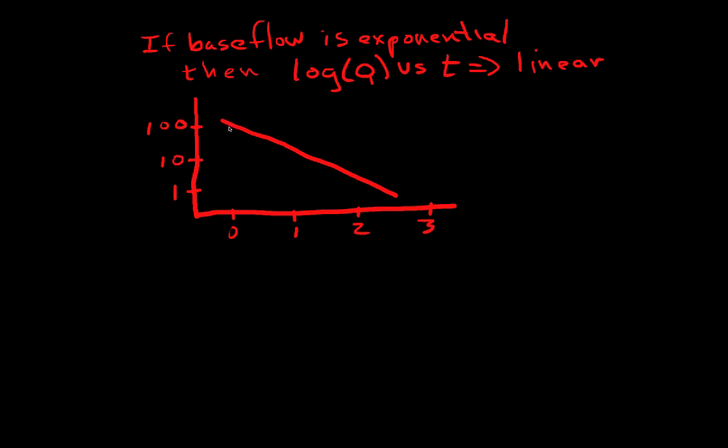Now, we can determine very easily on this base 10 log plot a time constant, the time constant associated with dropping by an order of magnitude in flow. So if we go from 100 down to 10, we need to know how long that takes.